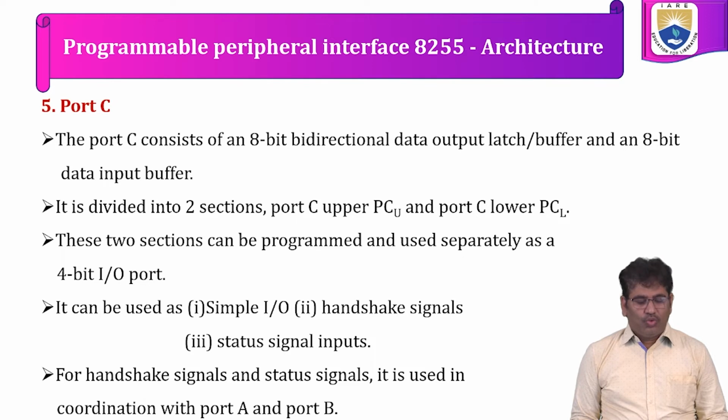These two sections can be programmed and used separately as 4-bit IO ports. That is, port C upper as one 4-bit port and port C lower as another 4-bit port. It can be used in the following modes: simple IO, handshake signals, and status signals. Handshake signals and status signals are used in coordination with port A and port B.